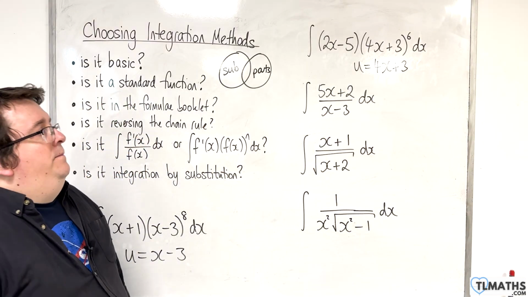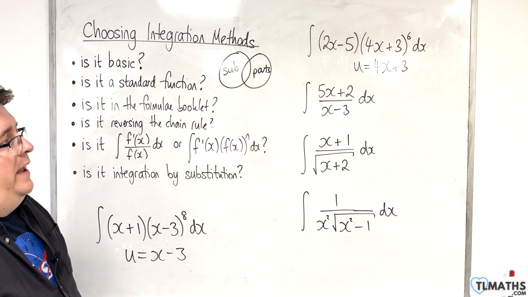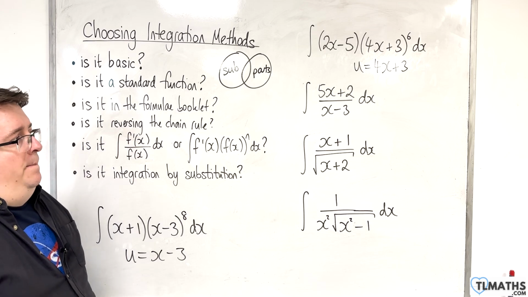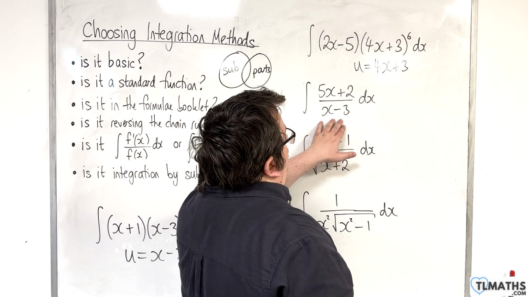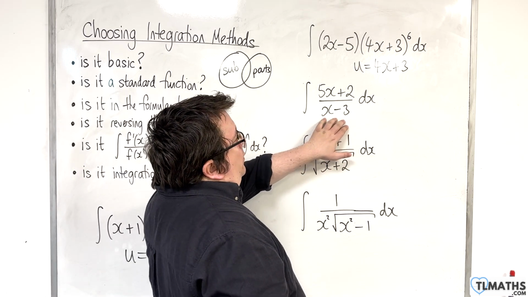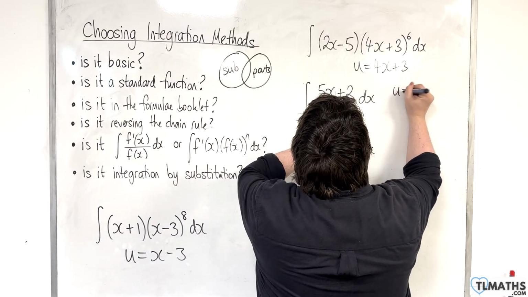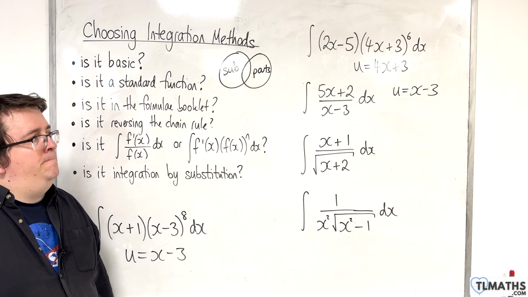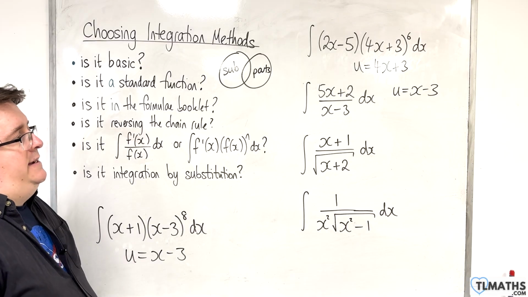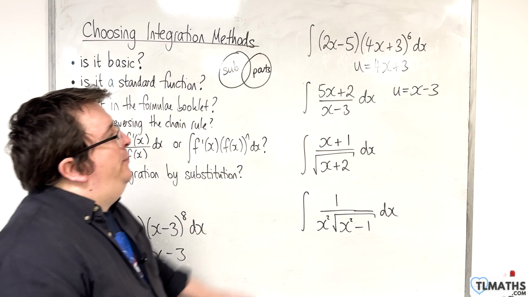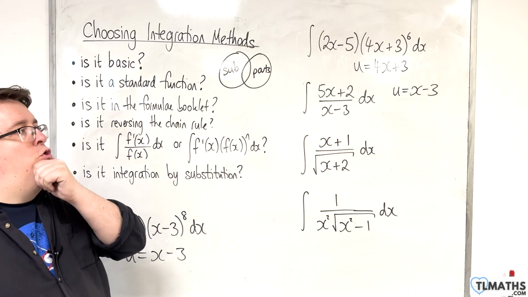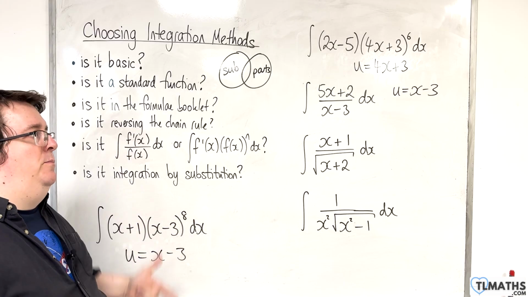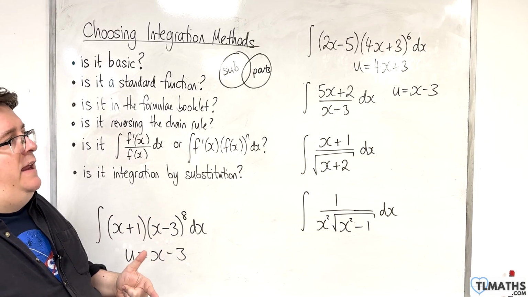Now, this one, if it's a fraction like this, there are alternative methods to substitution as well. If you were going to do it by substitution, I would use u is equal to x take away 3. So use the denominator as your substitution. That's really key to this. But this one does have alternative methods. You could use polynomial division first to divide 5x plus 2 by x take away 3, and then integrate it.